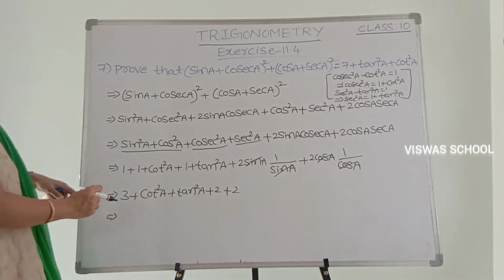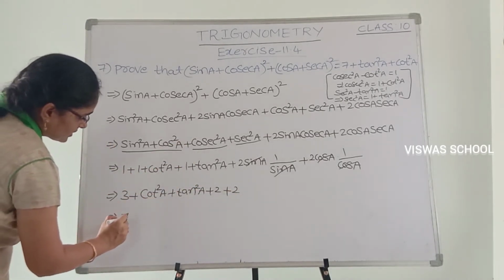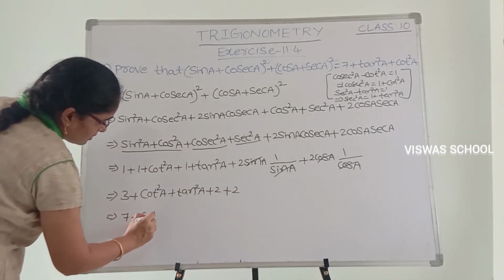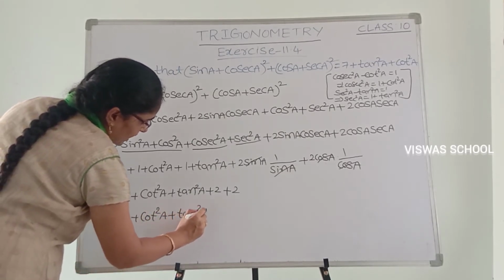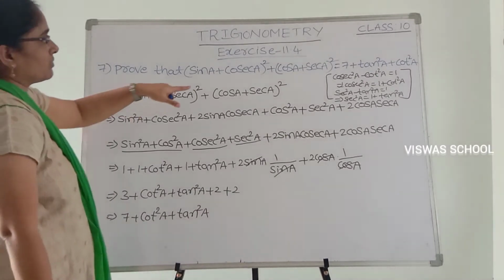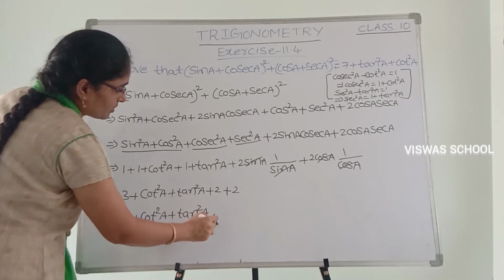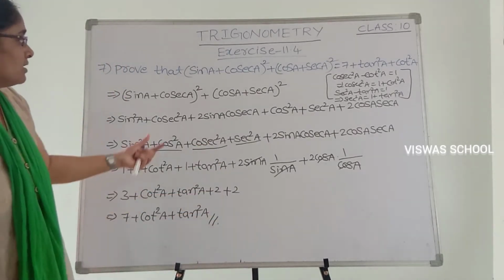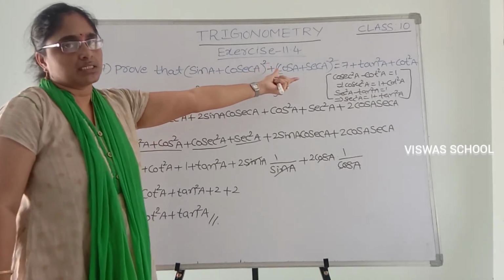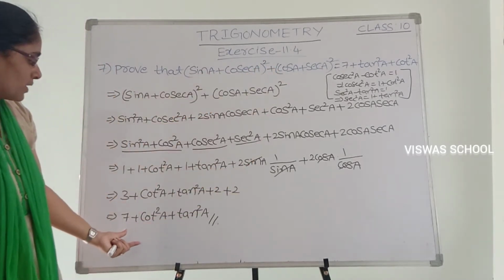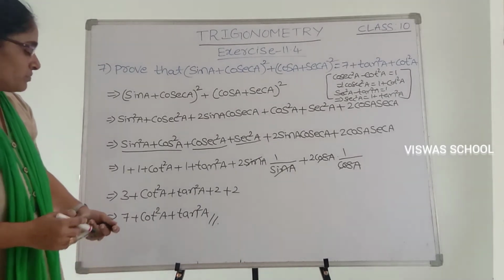Now it is equal to 3 plus 2, 5. 5 plus 2, 7. 7 plus cot square A plus tan square A. See here, 7 plus tan square A plus cot square A. This is the value of (sin A plus cosecant A) whole square plus (cos A plus secant A) whole square.